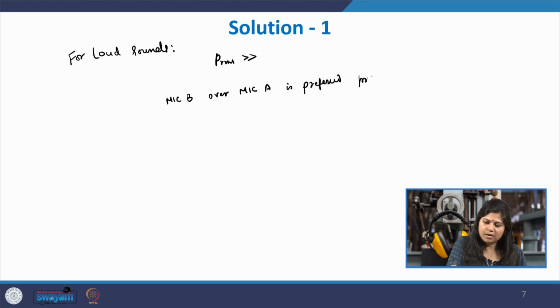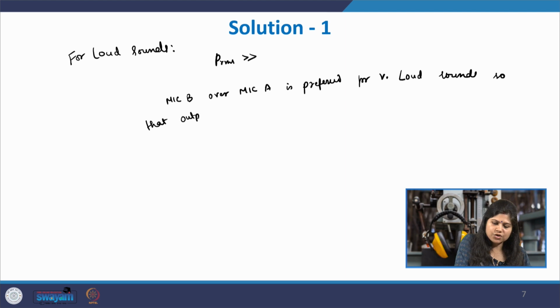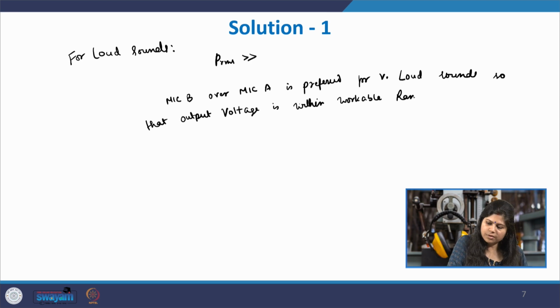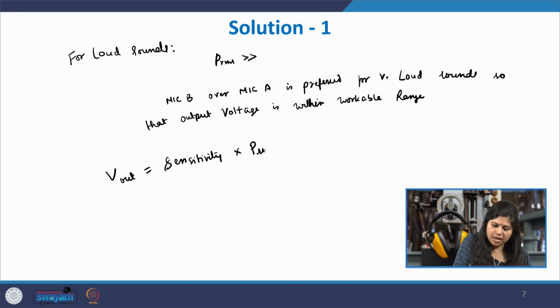for very loud sounds, so that the output voltage is within workable range, because obviously whatever is the voltage output ultimately is the sensitivity multiplied by the PRMS.